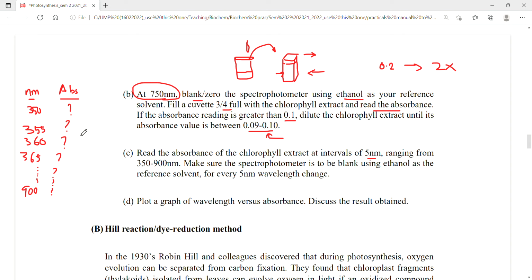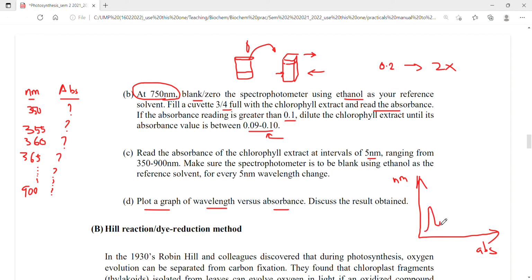Assuming you already have the 350 to 900 absorbance, here they say plot a graph of wavelength versus absorbance. So assume this is the graph. This is wavelength, and this is absorbance, and then how will it look?